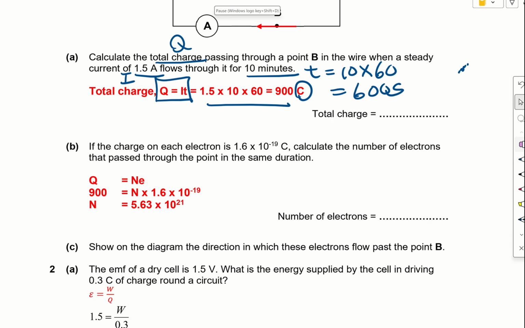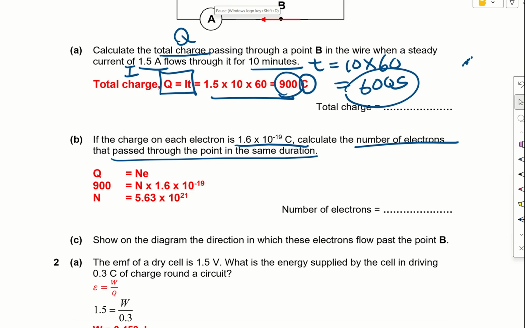Now, if the charge on each electron is this value, 1.6 times 10 to the power minus 19 coulombs, which is very, very small, calculate the number of electrons that pass through the point in the same duration. So you are going to use this total charge. Sorry, it's not 600, it is 900. Oh, no. The time is 600, but the final answer is 900.